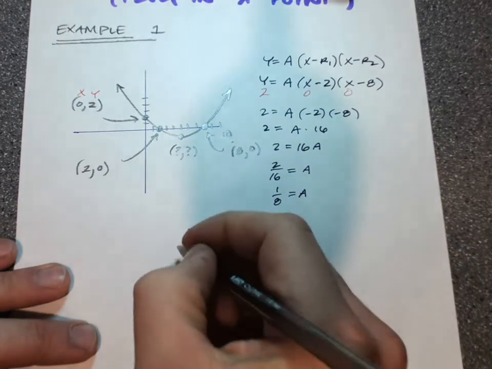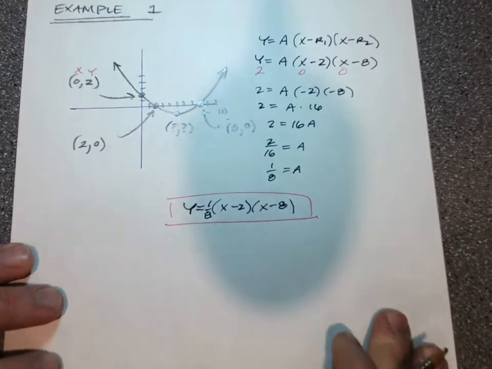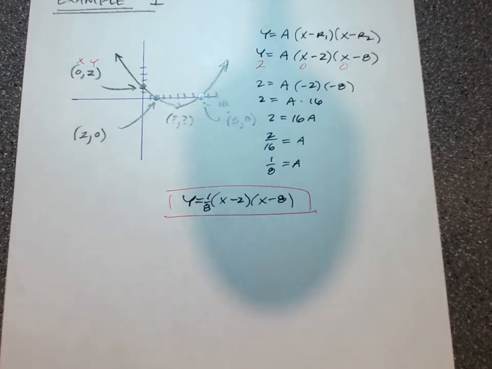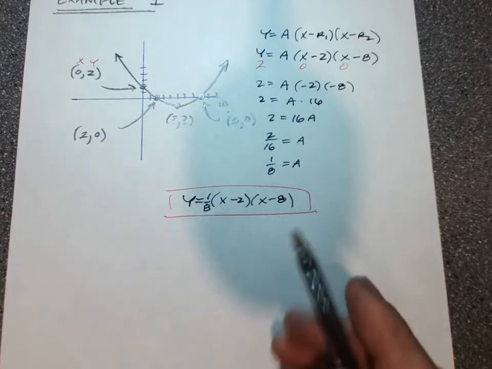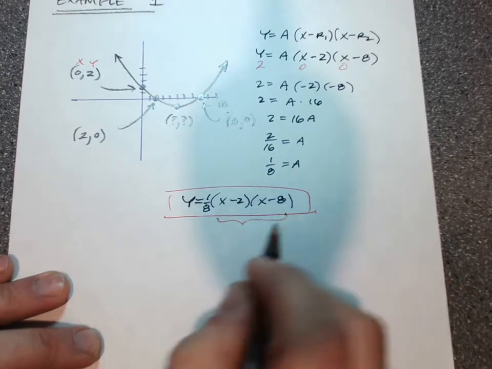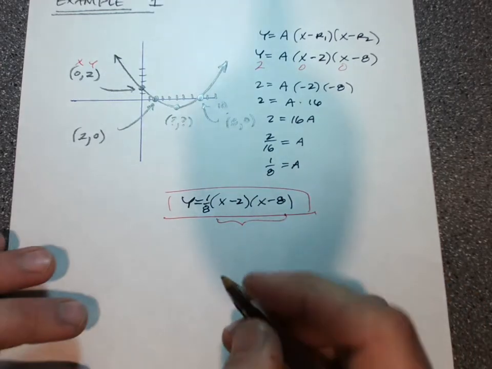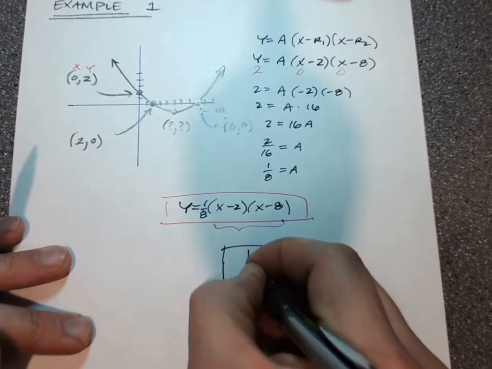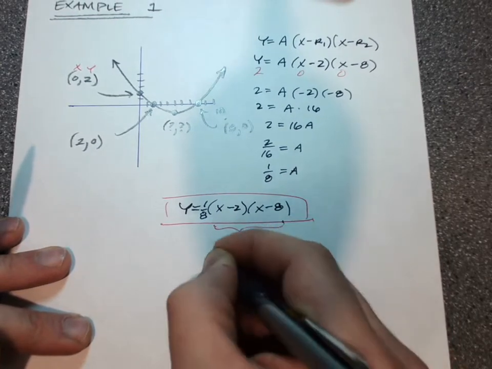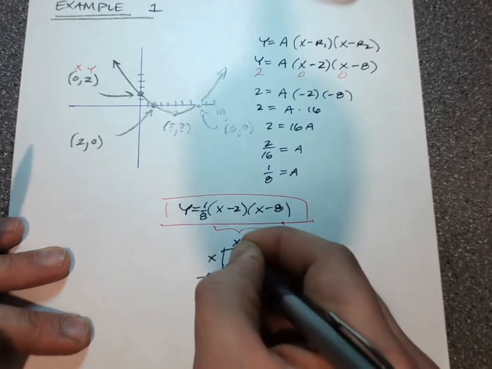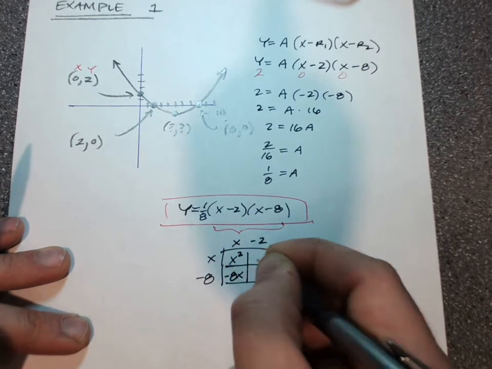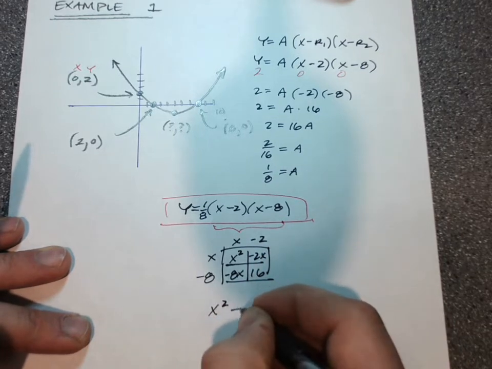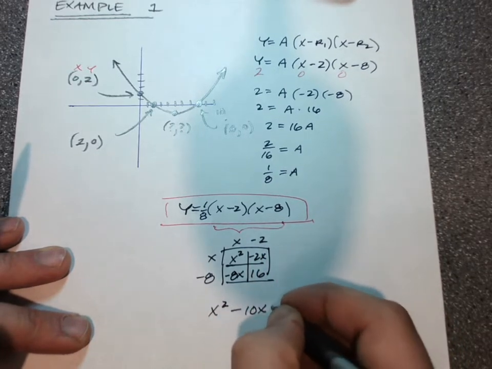Now from there, if we wanted to convert it into standard form, do not distribute this 1/8 into the equation. I find generally it's better to start with the box method with the double parentheses. We can write that x minus 2, x minus 8, this would be x squared, plus 16, so that's x squared minus 10x.